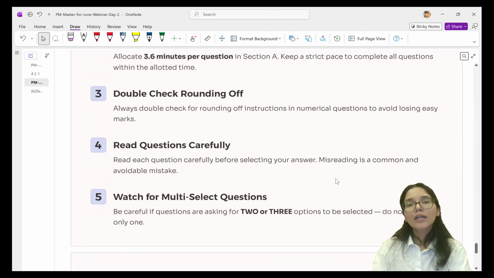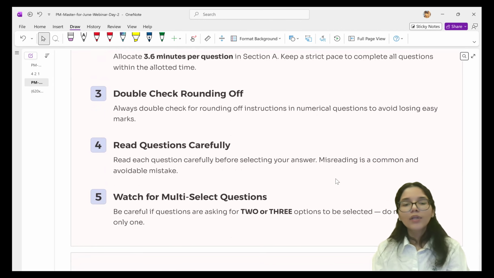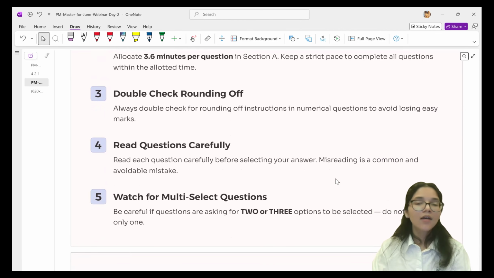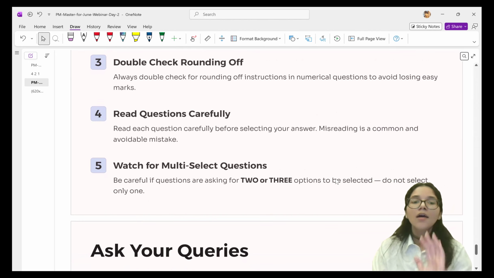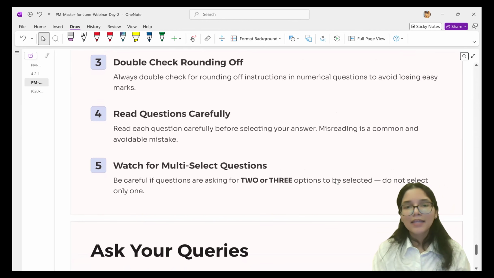Thirdly, remember the rounding instructions. Always double check, because if you are getting your answer wrong only because of this silly mistake, I would not even say that you're unlucky. You are not being smart enough to capture those easy marks. So please ensure you are double checking the rounding instructions. Read the question very, very carefully.